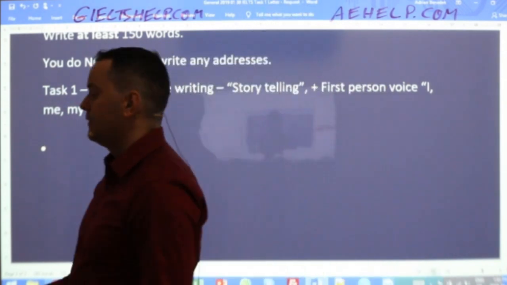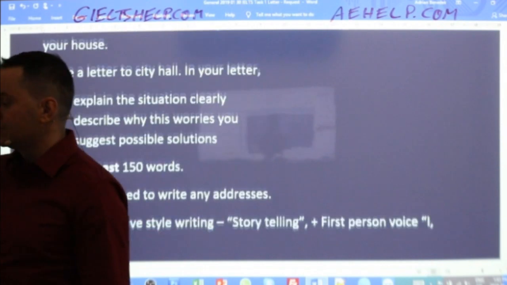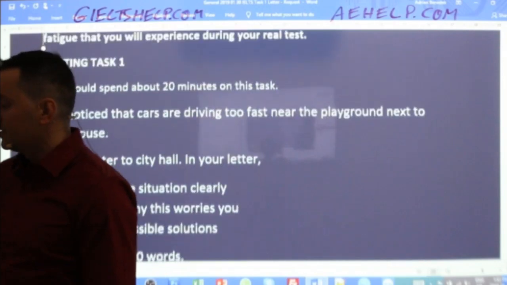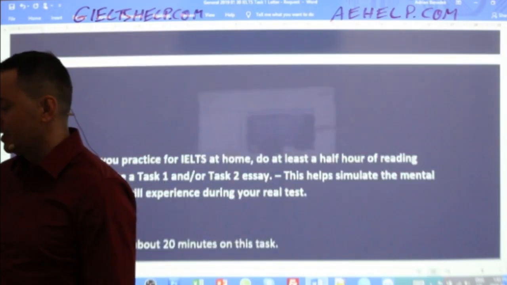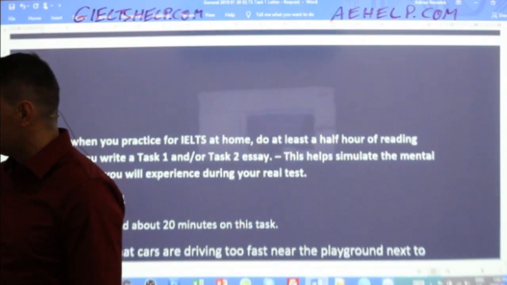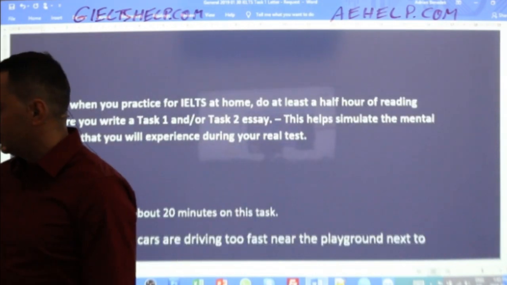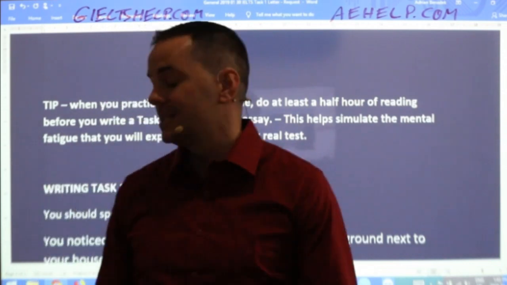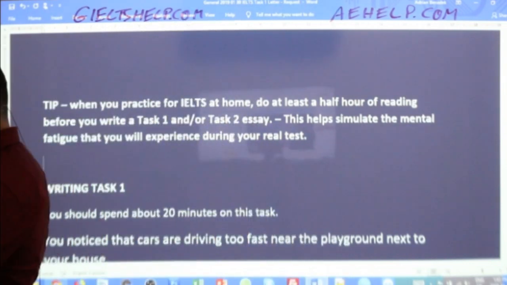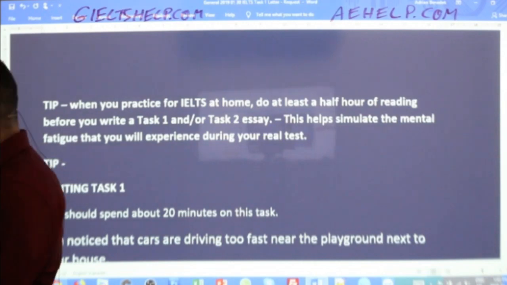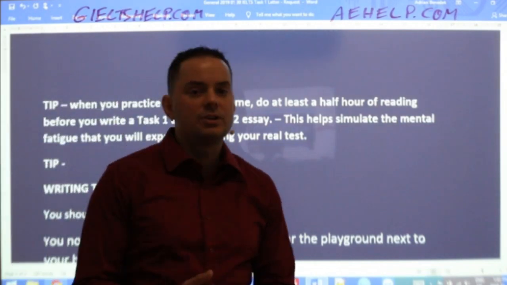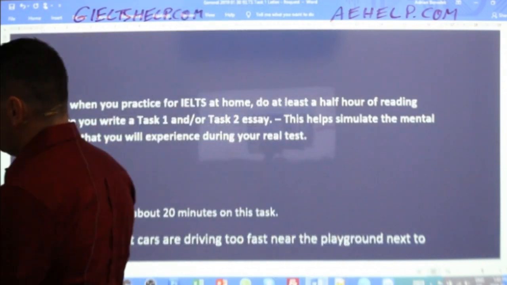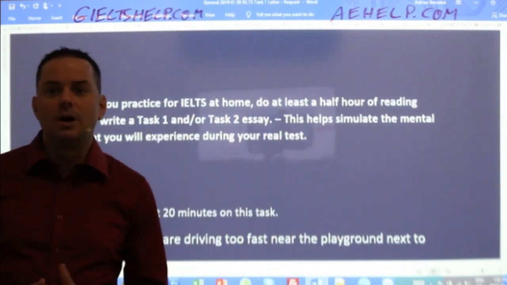To improve Task 1 band scores, another tip for you is, on your own time, because we could spend a lot of time just on this, research good narrative writing techniques or good narrative writing skills. Do a Google research on that, and I promise that you will learn some interesting points and skills that will help you to improve your narrative writing or your task 1 writing.